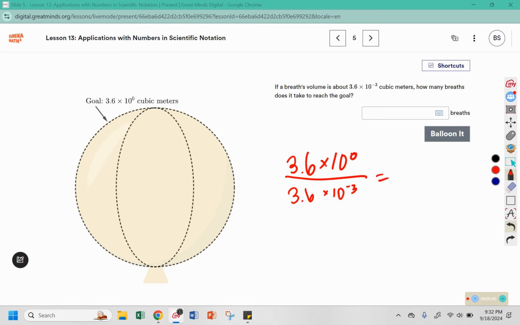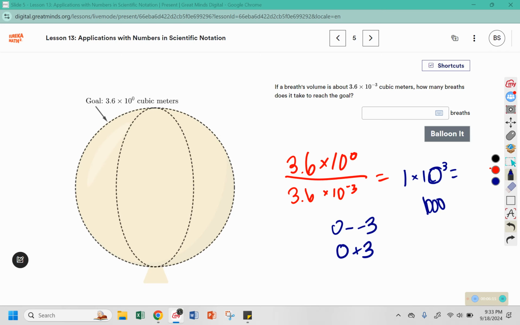When we're dividing in scientific notation, we divide those initial values. 3.6 divided by 3.6 is 1, and we subtract the exponents on the 10. 0 minus -3 can be rewritten as addition with a positive 3. So 1 times 10 to the 3rd. In standard form, that would be 1,000 breaths.